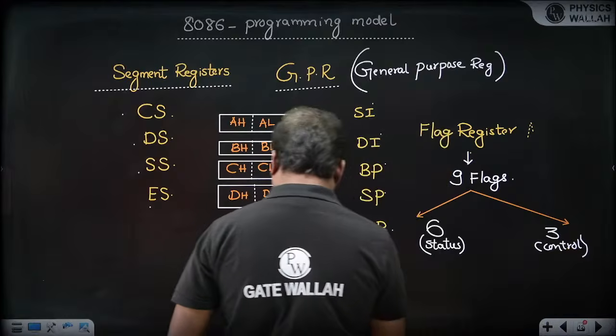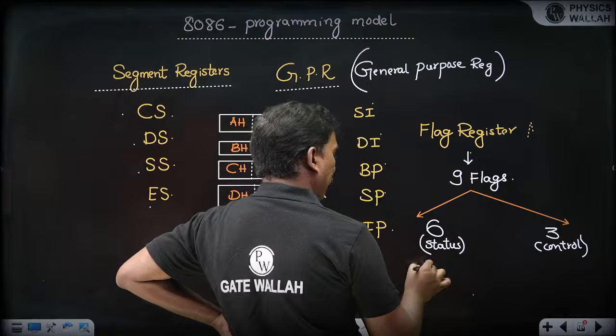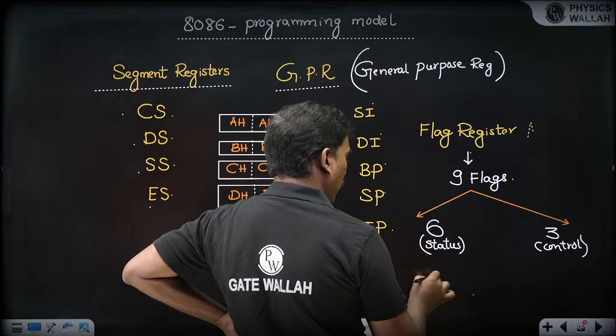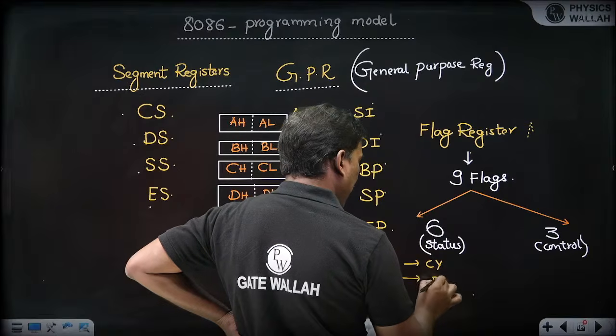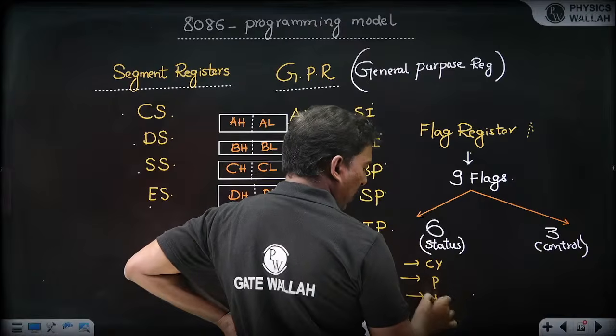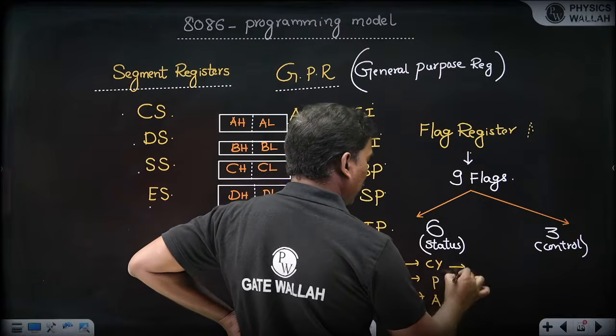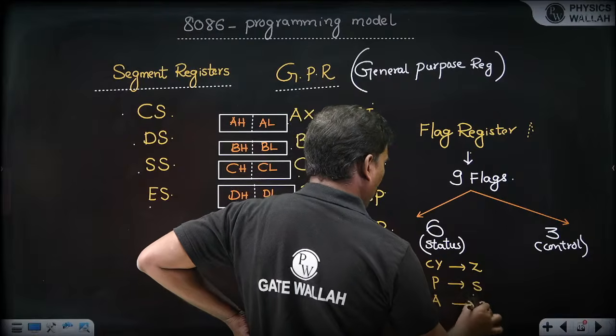So what are the status flags? Carry flag, parity flag, auxiliary flag, zero flag, sign flag, overflow flag.